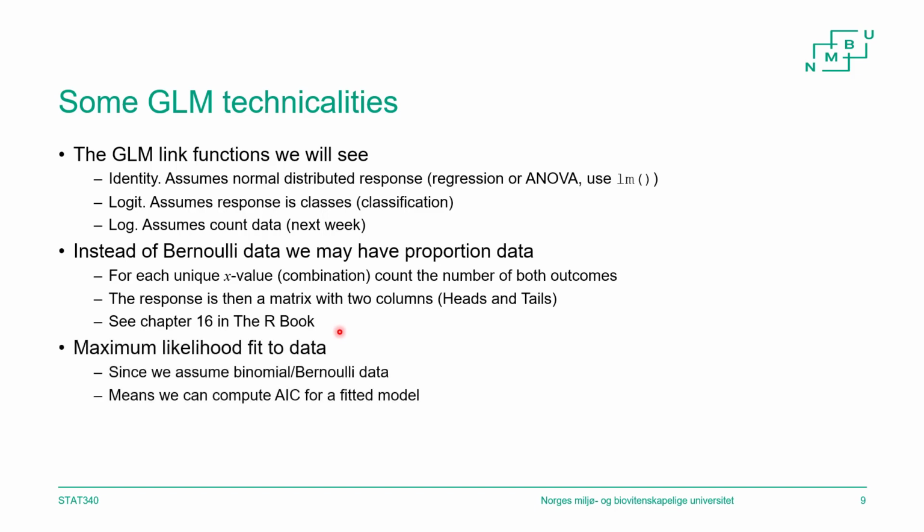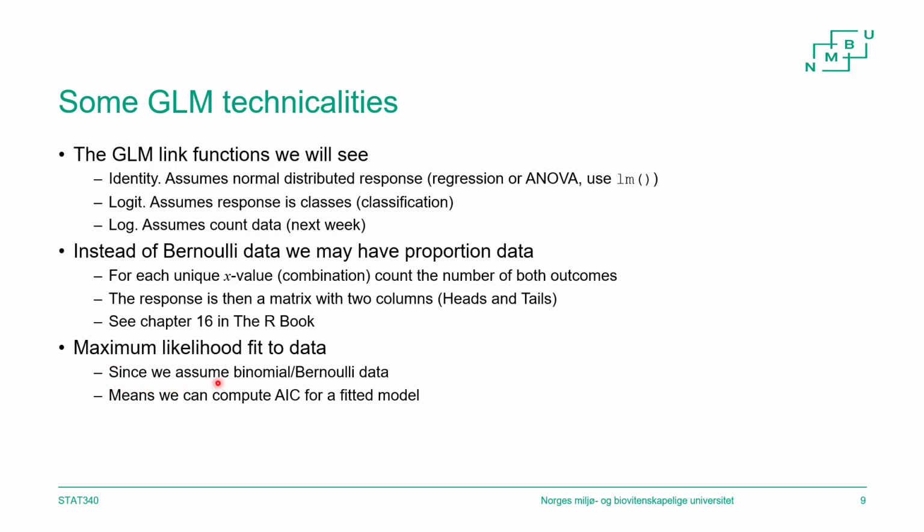When we fitted the GLM model, we got again a maximum likelihood fit to the data. And this is very nice. The reason we can get a maximum likelihood is because we have an assumption about the distribution of the data. So the data is assumed to be Bernoulli or binomial.